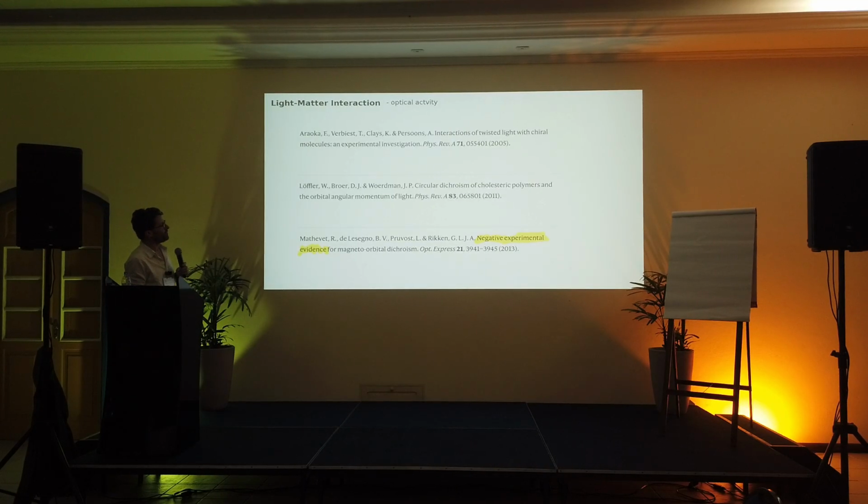"Circular dichroism of cholesteric polymers and the orbital angular momentum of light," where nothing happens. Which is nice that these people publish this result, you know? They're basically saying, to this percentage of error, we see nothing. And this one, they were a little bit more brave in putting the title, "Negative Experimental Evidence for Magneto-Optical Dichroism."